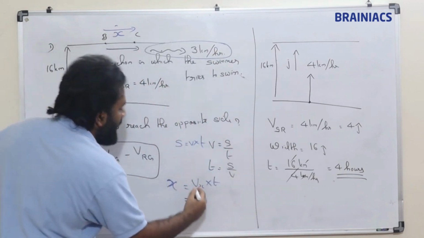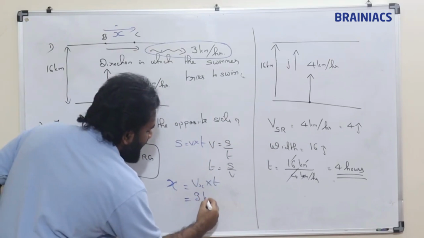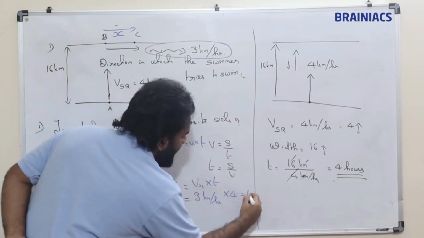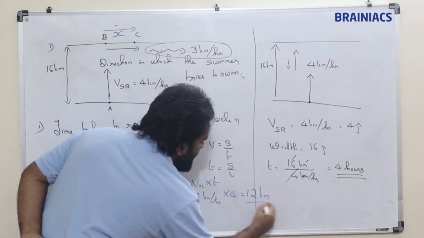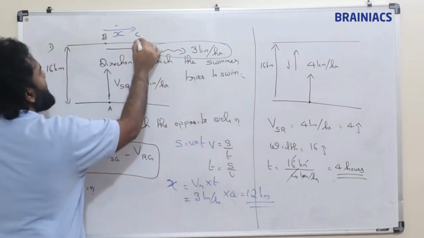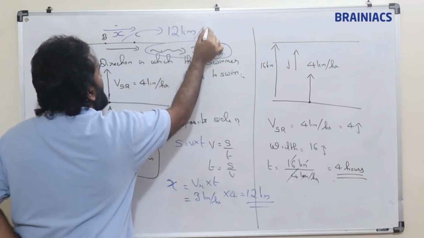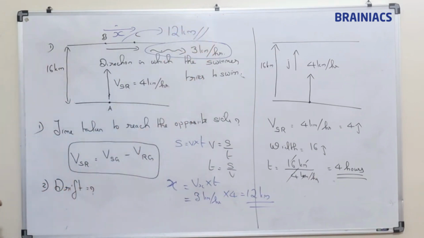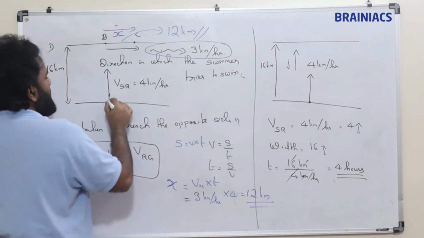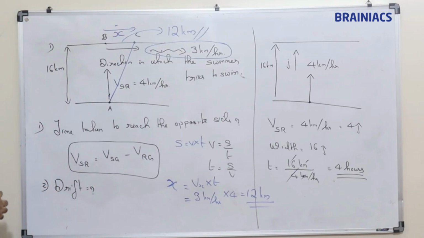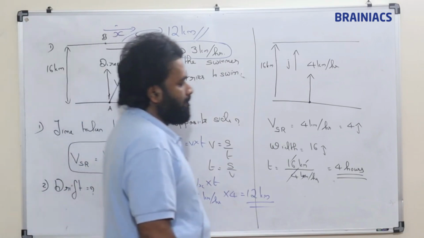So 3 kilometer per hour into 4, we are getting 12 kilometer. So this drift, this distance, is 12 kilometer. So he is going to reach this place. Clear? Note down.